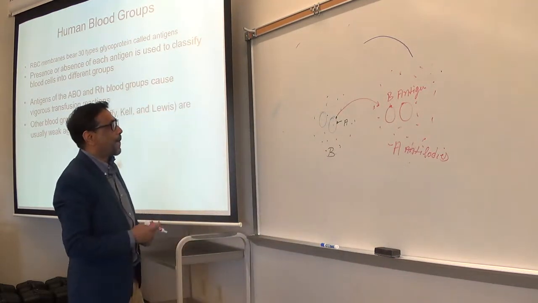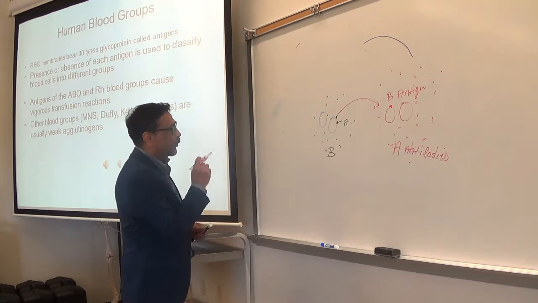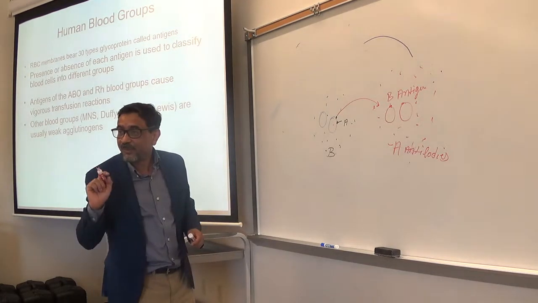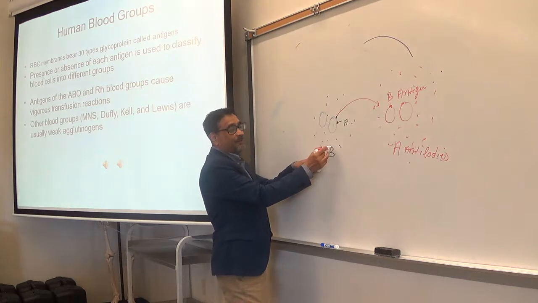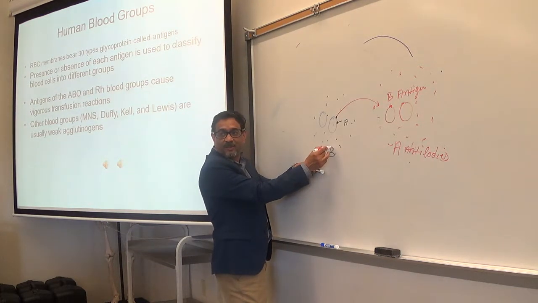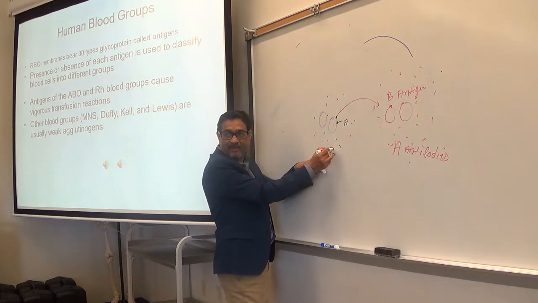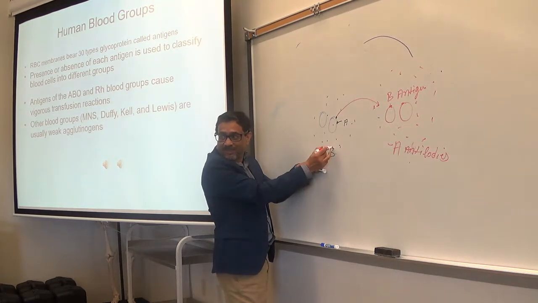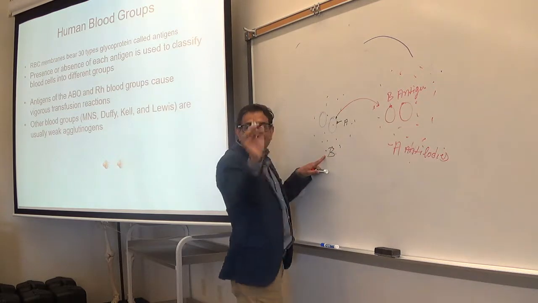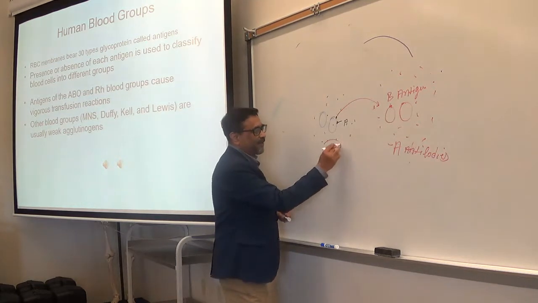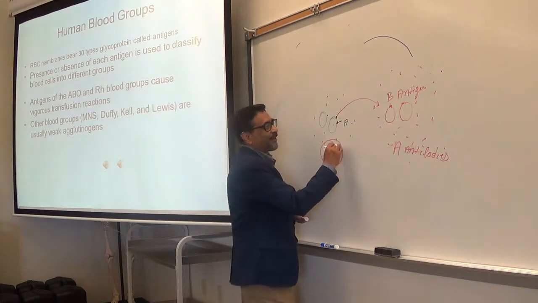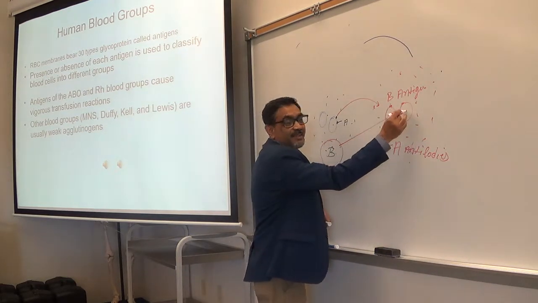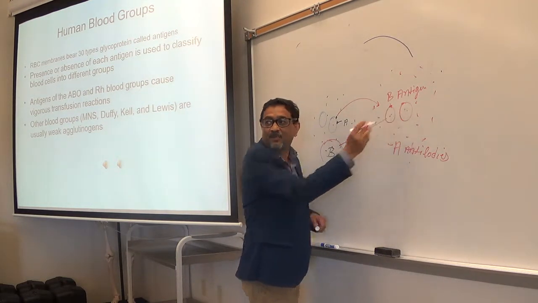But if you think this way, this person has what type of antibody? B, right? Because A type blood, B antibody. Is it clear? Why are we not thinking that this B antibody can destroy the recipient's red blood cells?